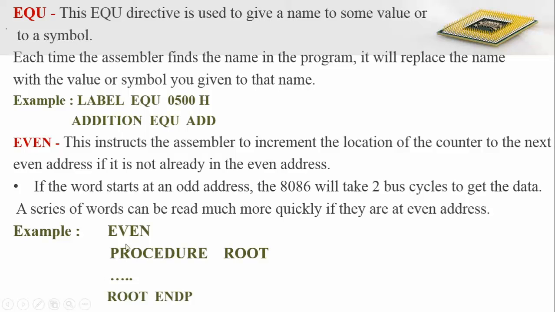Here, EVEN, then procedure root, then inside the procedure body we can specify any number of instructions. At the end, the root procedure ends. This EVEN here indicates that we need to move the location counter to the nearest even address location. From there we can store the instructions present inside this procedure root.